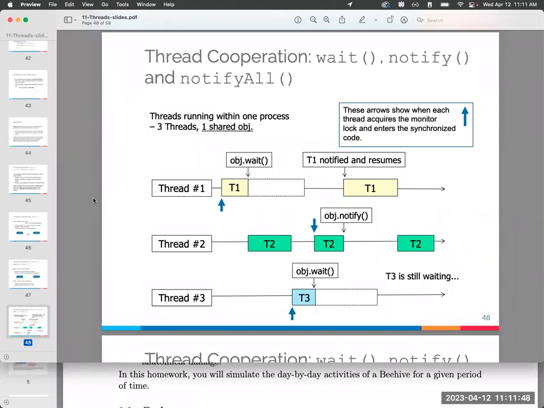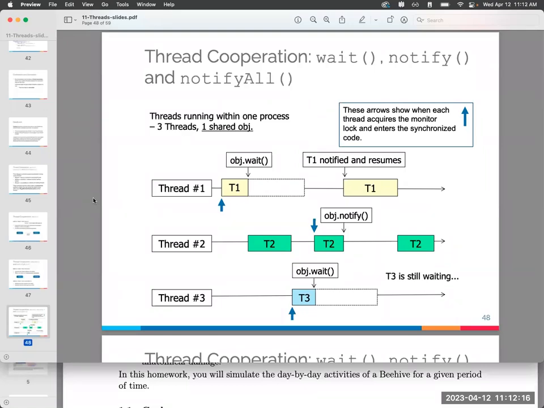You can think of them as primitives, used paired. You always pair up wait calls with notify or notify all calls, and then you can create some interesting scenarios. That will be the next example that I will show you.